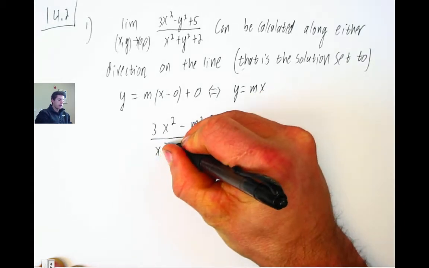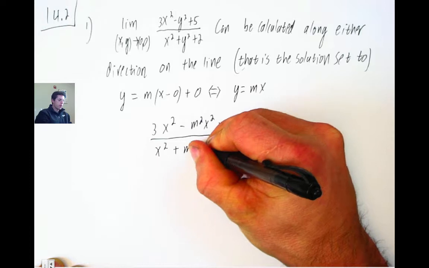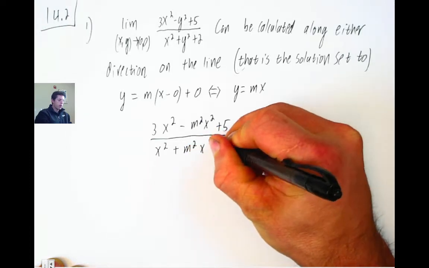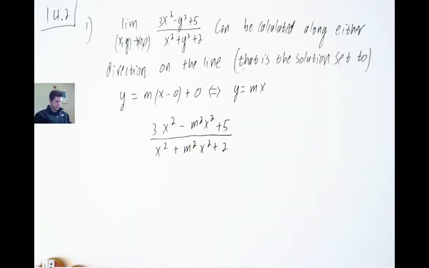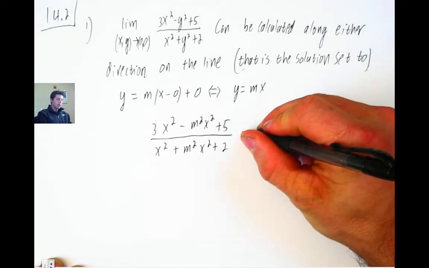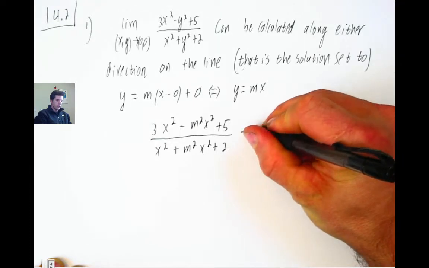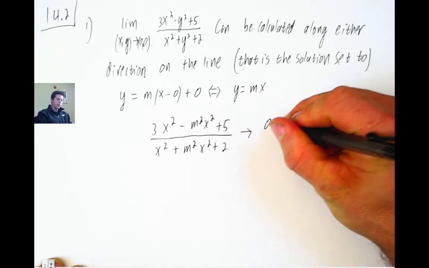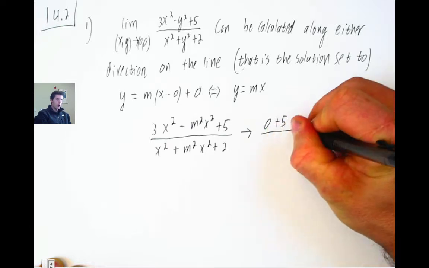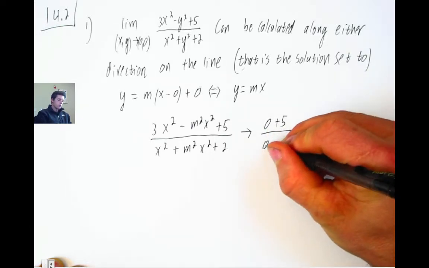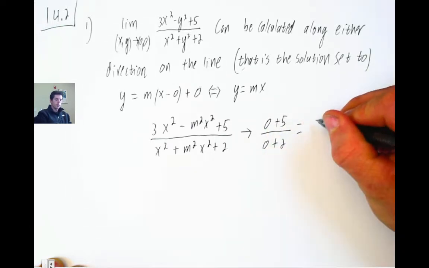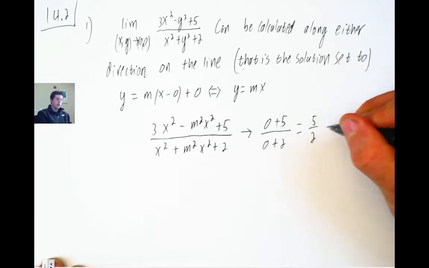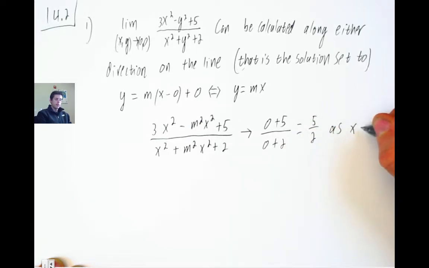Similarly, in the denominator, x squared plus m squared x squared plus 2. And that goes to (0 plus 5) over (0 plus 2), which is equal to 5/2, as x goes to 0.